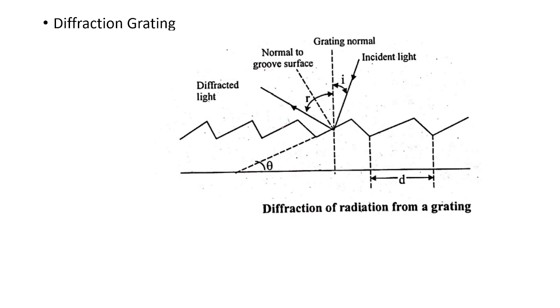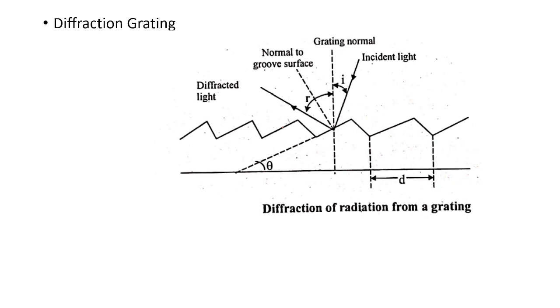A large number of parallel equidistant grooves are generated upon a highly polished metallic surface like aluminum. For example, they take an aluminum sheet, and on that sheet such lines are produced. Nearly 15,000 to 30,000 lines per inch are produced.